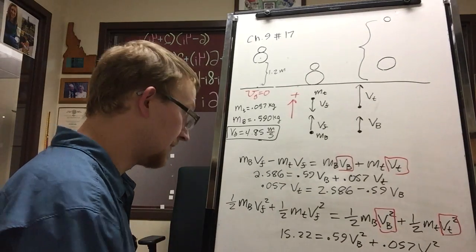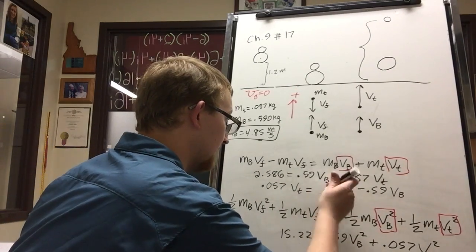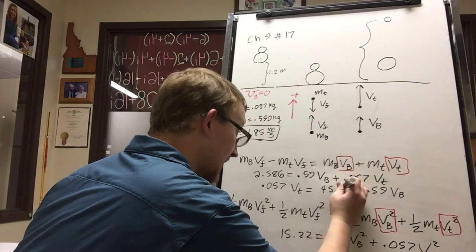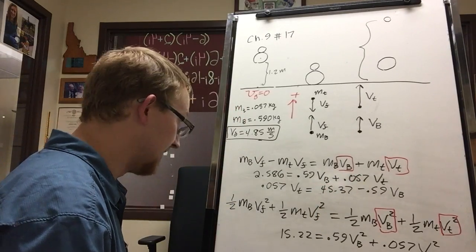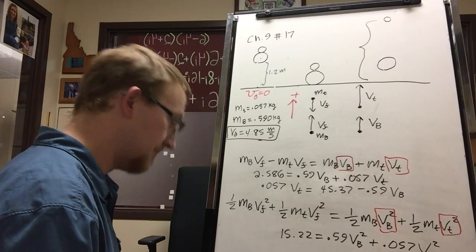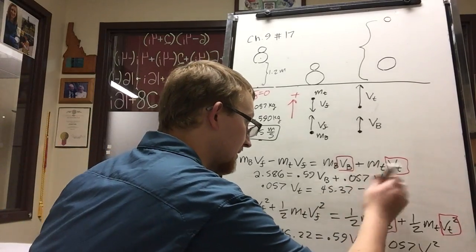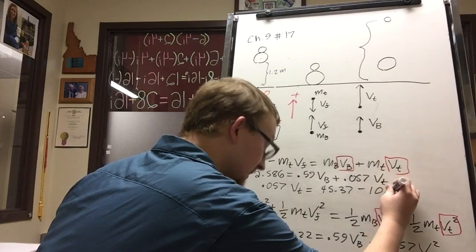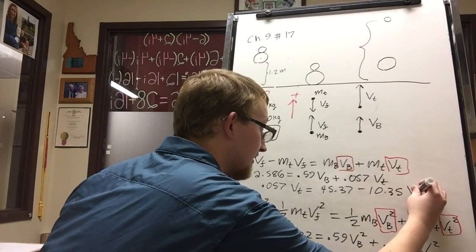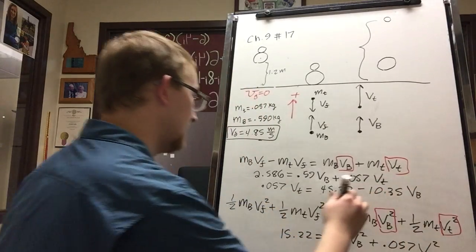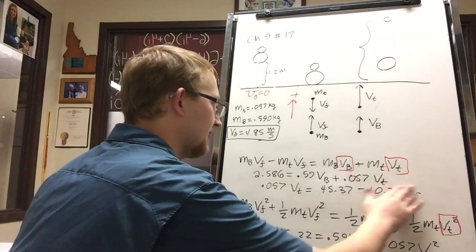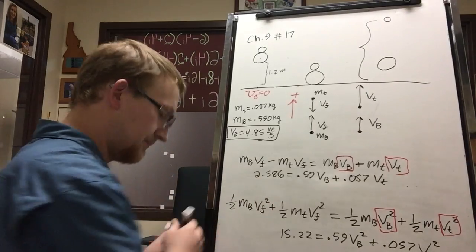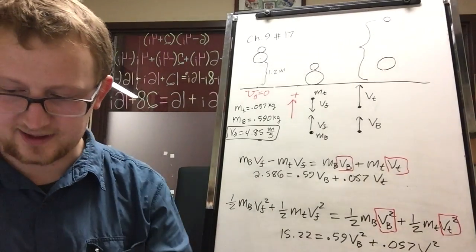0.057 ends up giving me 45.37. 0.59 divided by 0.057 ends up giving me 10.35 VB. Or I'm sorry, I wanted to solve for VB in terms of VT. Let's go back to the sheet.